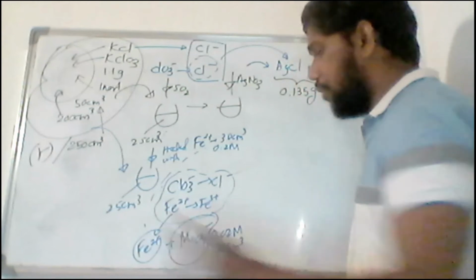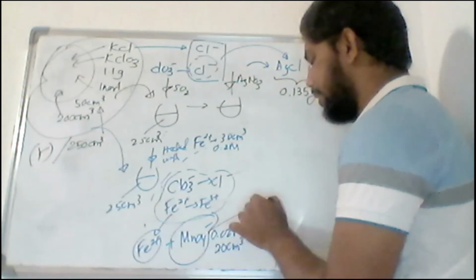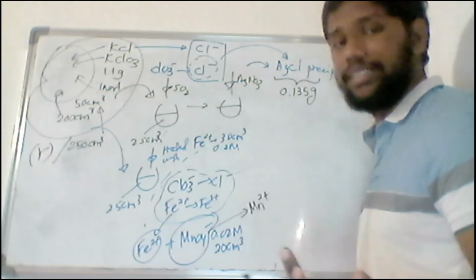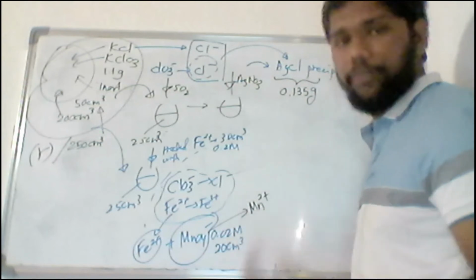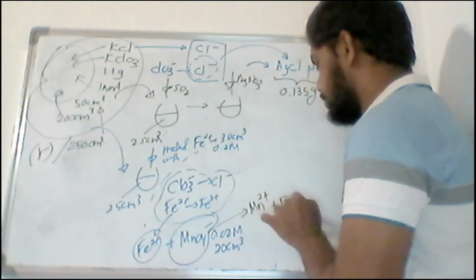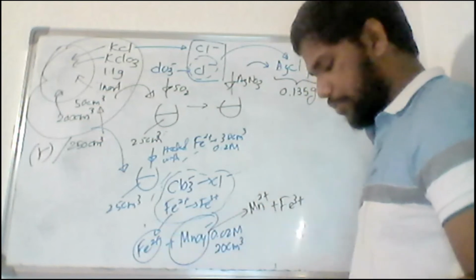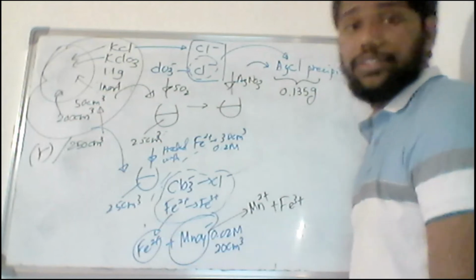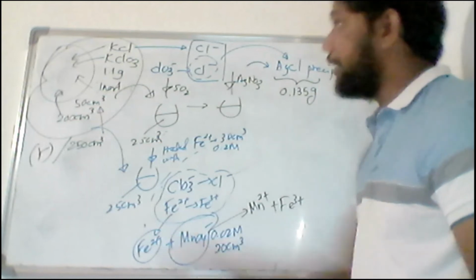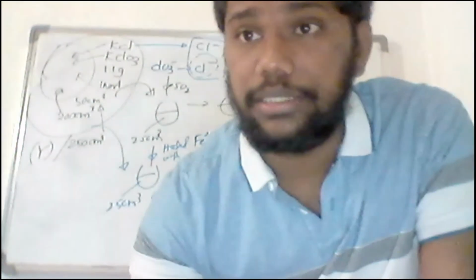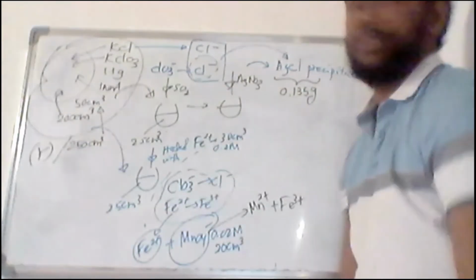Okay, so you know what is the reaction that is happening here. MnO4 minus will reduce to Mn2 plus since the medium is acidic, and if the medium is basic it will be MnO2, and again Fe2 plus will be oxidized to Fe3 plus. So this is the normal procedure. Okay, and finally they are telling us to find the percentage of KClO3 and KCl by mass in this initial solution.